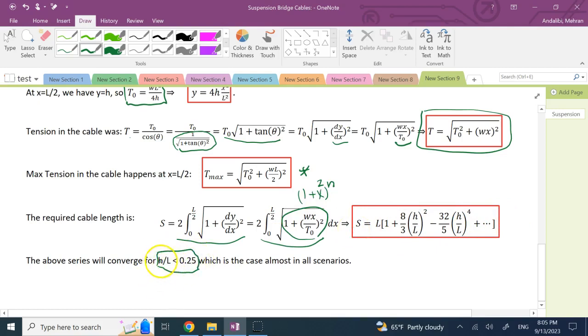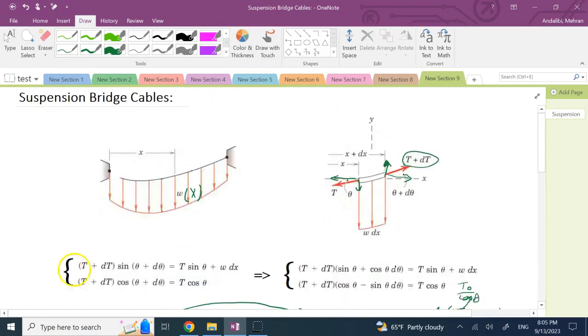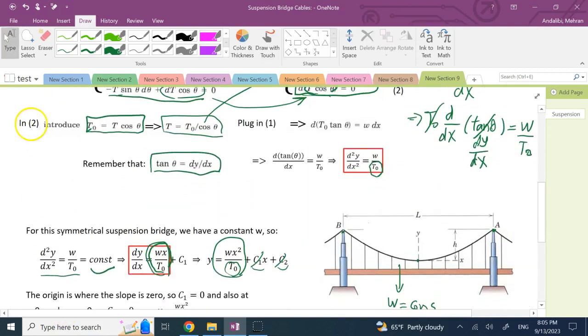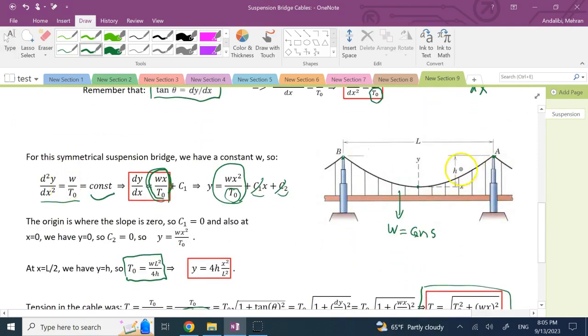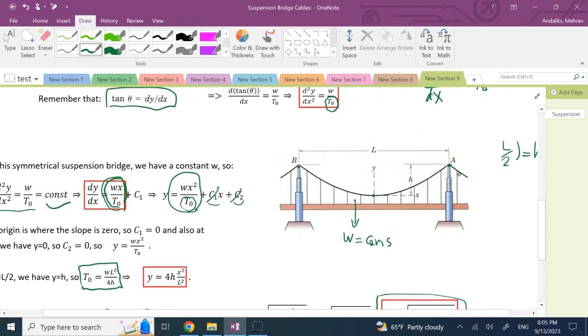And for most bridges, the height h is way less than this L, right? If you look at, for example, the Golden Gate, if we just search for h and L, we'll see that this L is about 1280 meters, and the total height is like 200 and something.